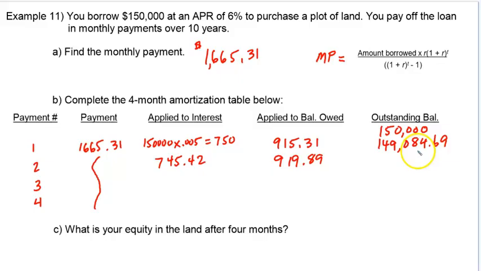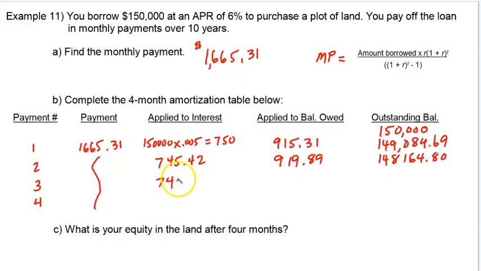And then our previous outstanding balance minus the number applied to the balance owed, and we will have 148,164.80.